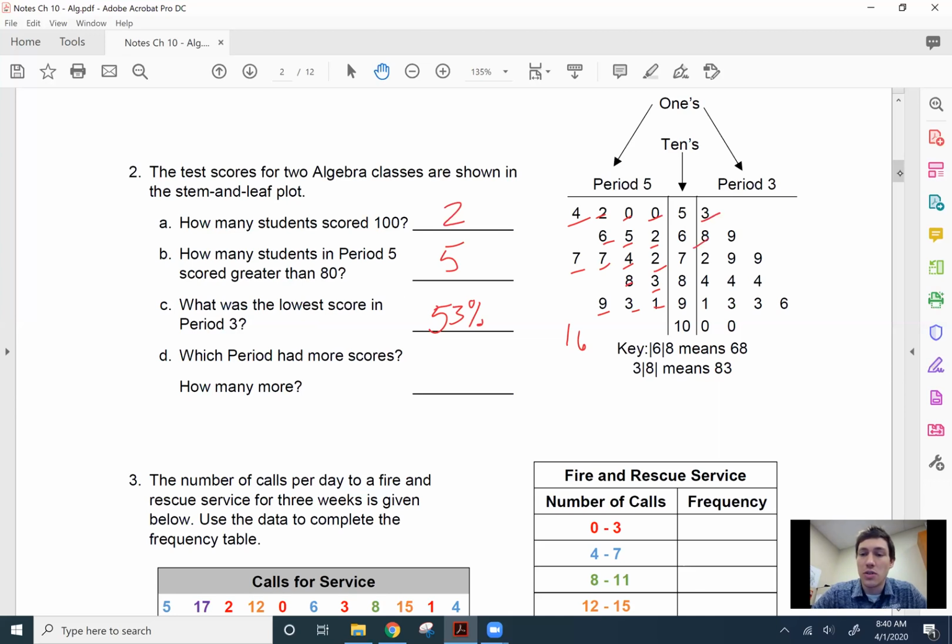Period 3 had 1, 2, 3, 4, 5, 6, 7, 8, 9, 10, 11, 12, 13, 14, 15 scores. So which period had more scores? Period 5. How many more? By 1. One more. There we go. All right.